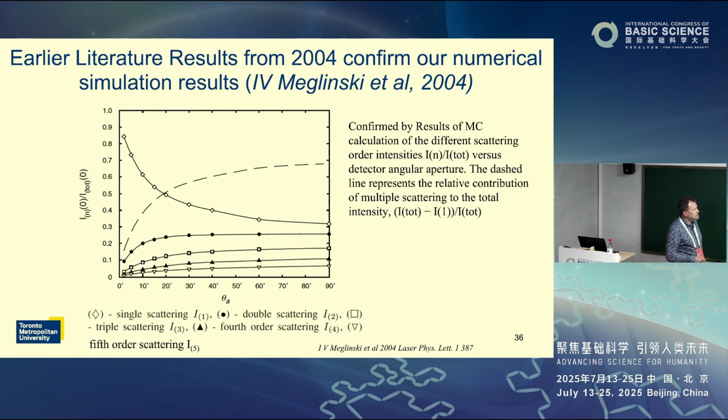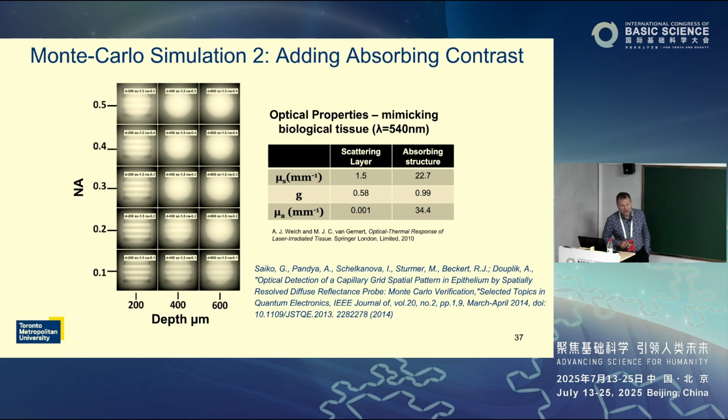And as you can see, with a reduction of the numerical aperture, the contribution of the low scattered photons is growing, or vice versa, with increasing the collection angle, the contribution of the low scattered photons is dropping, and the contribution of multiple scattered photons is growing. Okay, so then we added absorbing contrast, and that's what we can see.